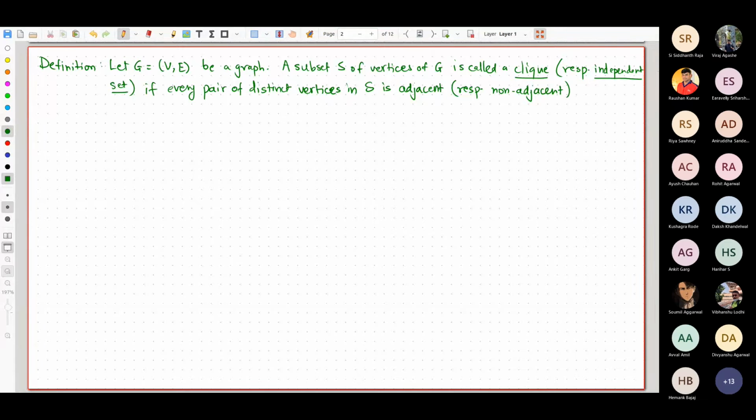Every pair of vertices in a clique has an edge between them, and no pair of vertices in an independent set has an edge between them. The other graph theoretic definition which I want to use today is something called an induced subgraph.